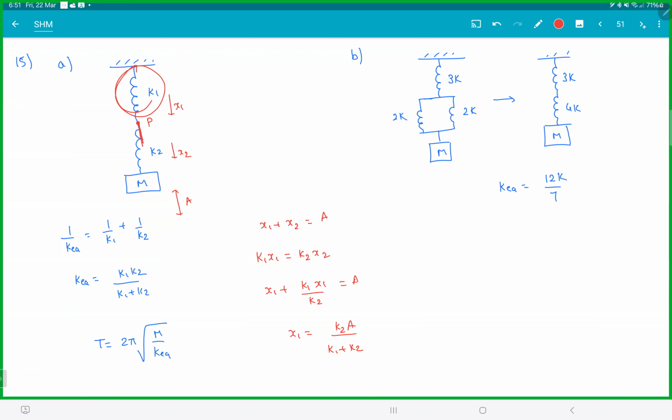If the upper spring is stretching up and down by x1, point P also will go up and down by x1. This is the amplitude of P. The elongation in the upper spring K1 is the amplitude of point P. Clear? Check it out. Yeah, most of you did get it right. Easy. Next one.